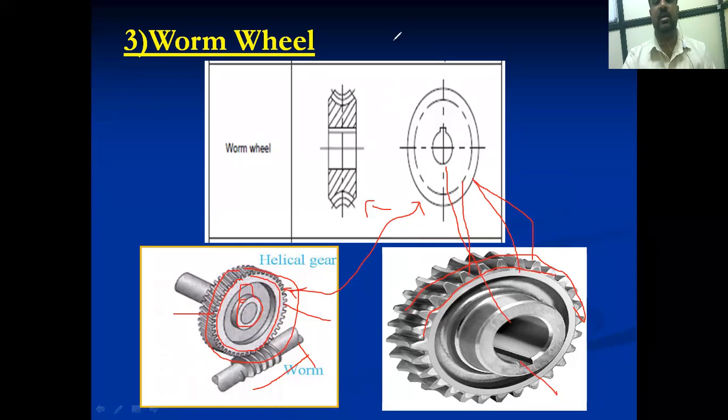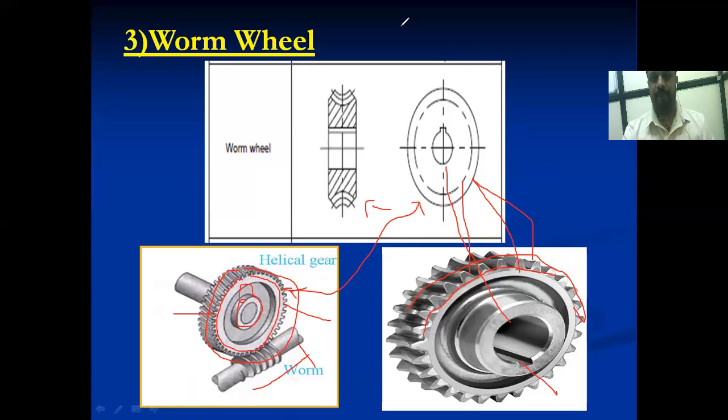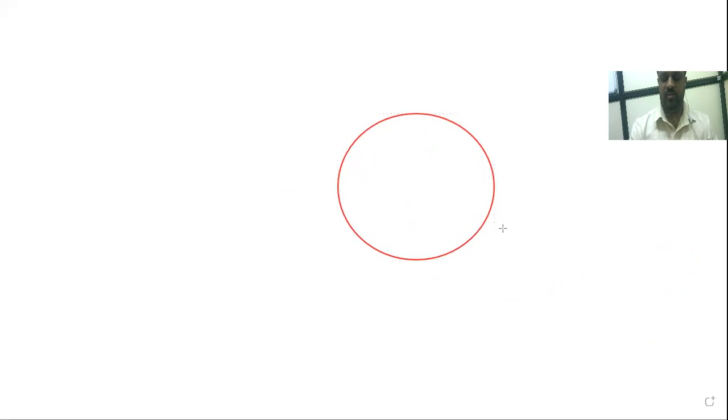Simple. Okay, so we will draw this conventional representation again in a similar manner. First of all, we have to draw the dark circle. Then we have to draw the center line like this.